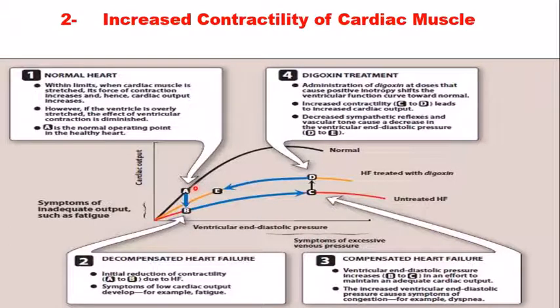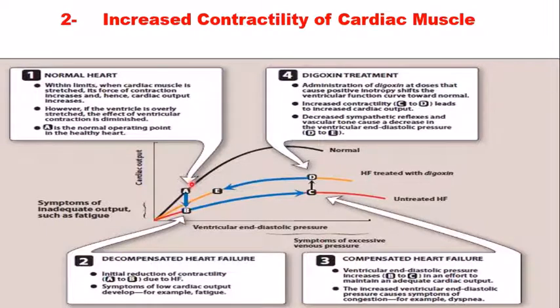As I previously discussed, digoxin increases the force of cardiac contraction, causing the cardiac output to more closely resemble that of the normal heart. It is all about the mechanism of digoxin.